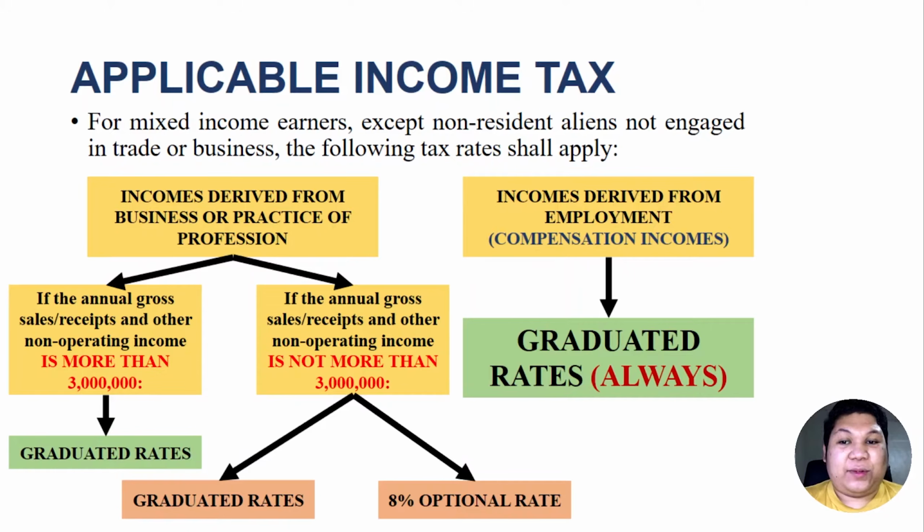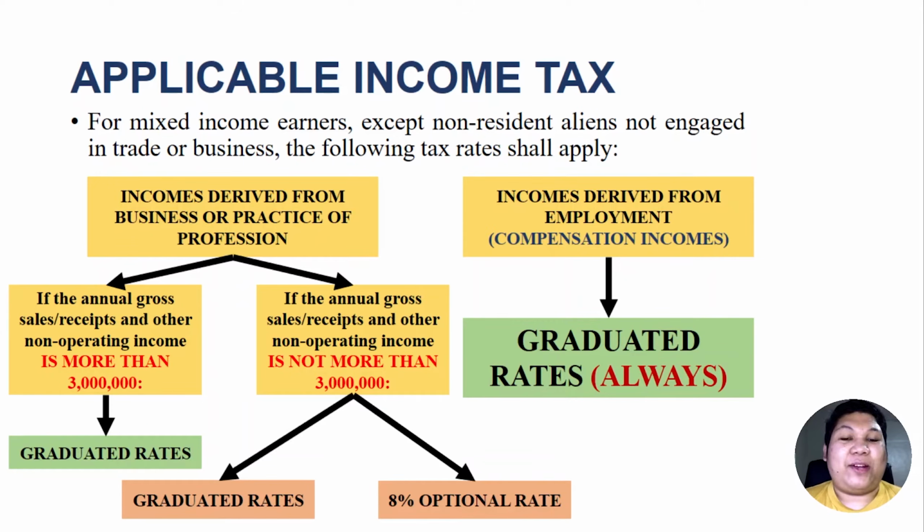The solution would be a lot easier if the mixed income earner would just select the graduated rates for his business incomes or incomes from the practice of profession and employment, because you will just add all of them together before we subject them to the graduated rates.